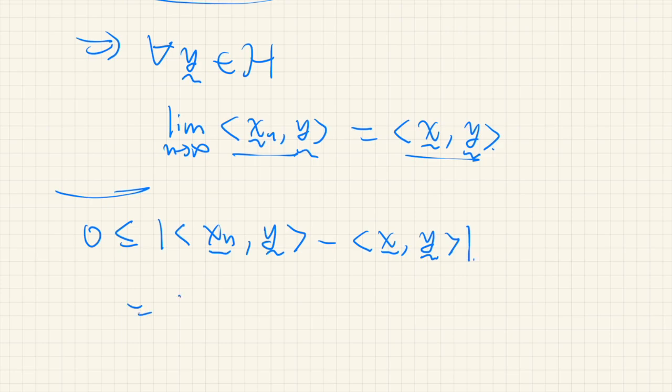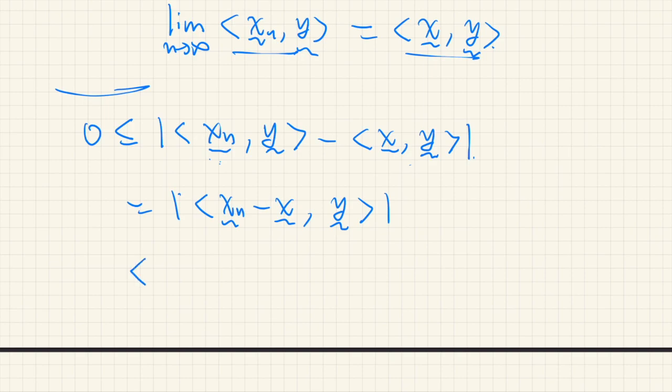And this is equal to, by using the property of the inner product, we can combine these two inner products into one inner product: the inner product of xn minus x with y. And now we use the Cauchy-Schwarz inequality, so we can split this.